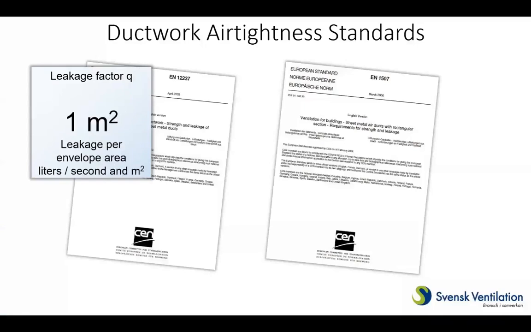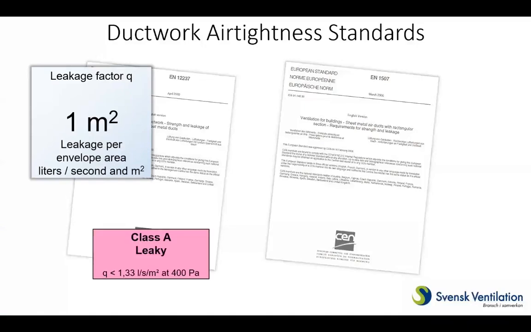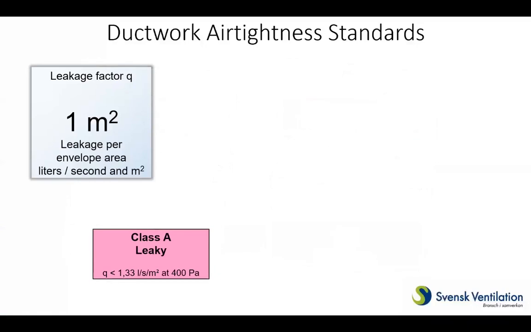The old leakage classification has been A, B, C, and D for many years now. It's quite awkward because Class A is not the best one. And I'd like to point out what Frank told you before: my personal opinion is that Class A is rather leaky.